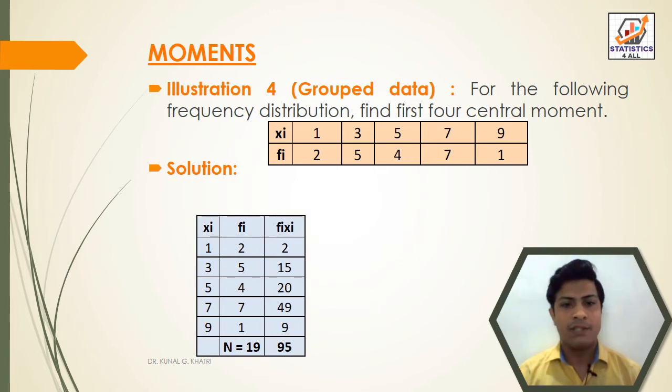Now we will multiply frequency into observation, that is fi into xi.